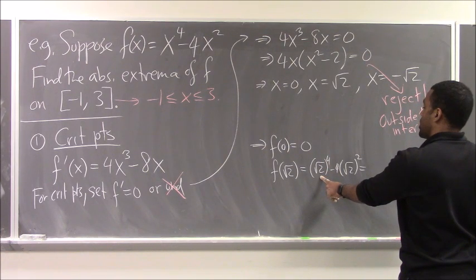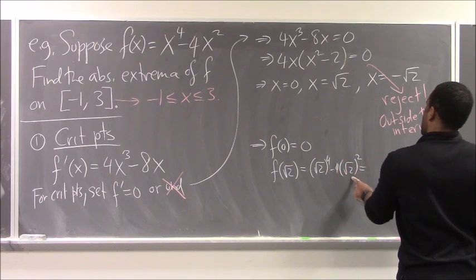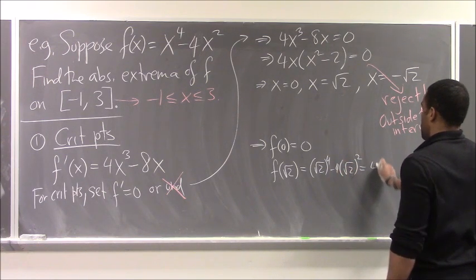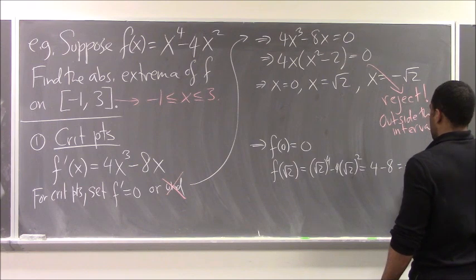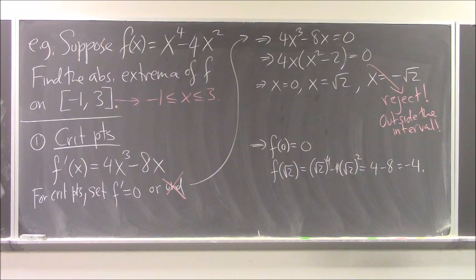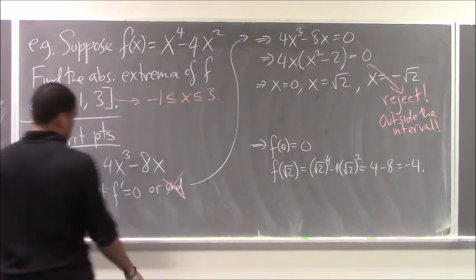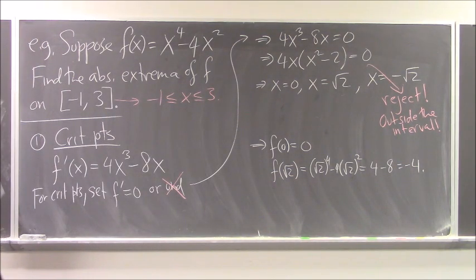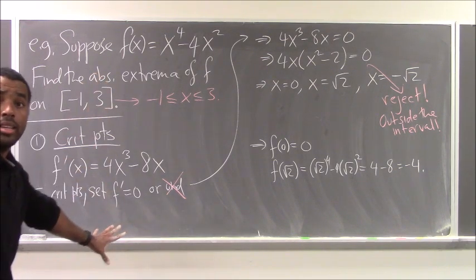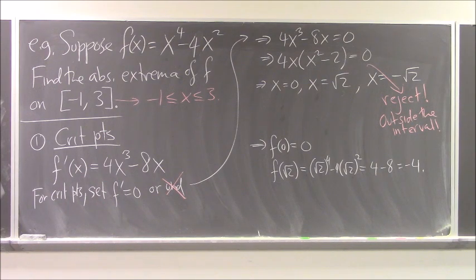You square that again, you get 4. Here, so you get 4 minus 8, that's minus 4. So those are the 2 y values. So this is step 1 in the closed interval method. I'm going to erase this side, so pause the video, copy that down.